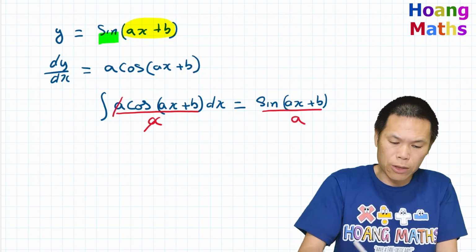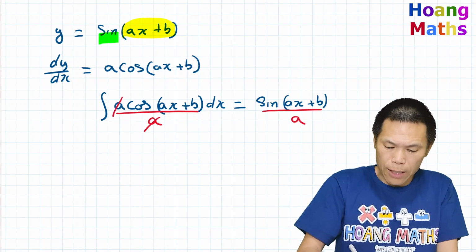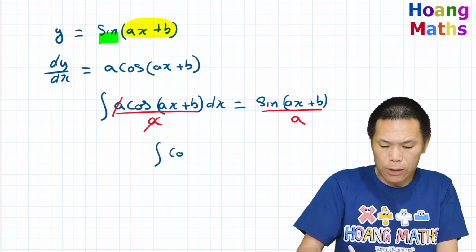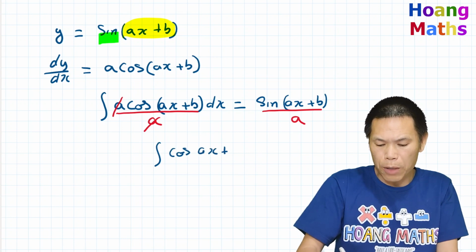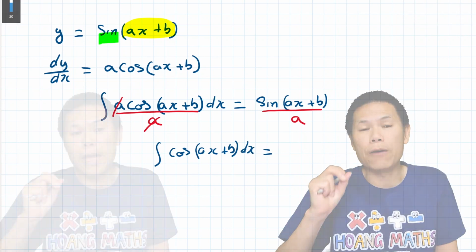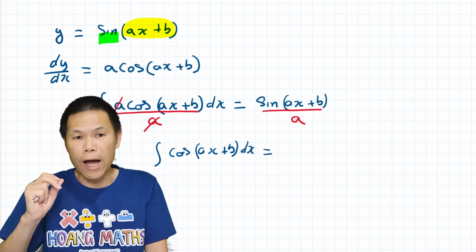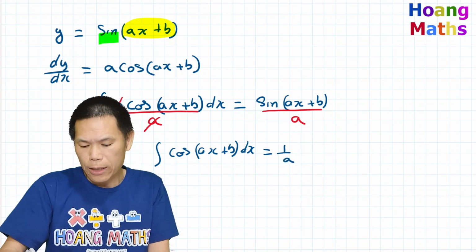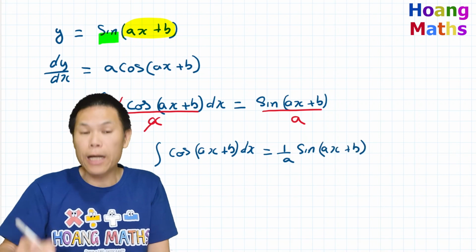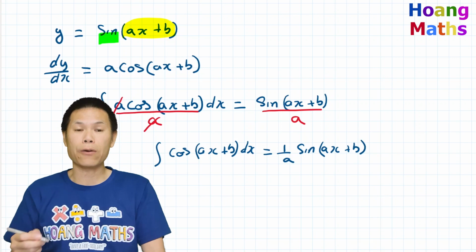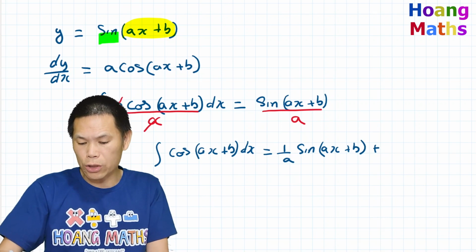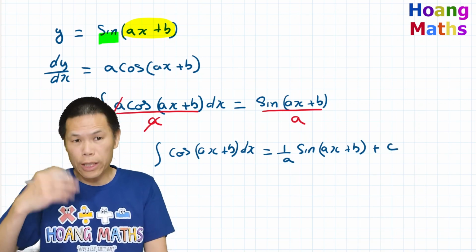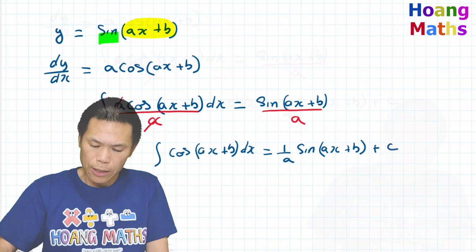So therefore, the integral of cos of ax plus b dx gives me sin of ax plus b over a. This is exactly the same as 1 over a times sin of ax plus b. Again, because of indefinite integration, we need to add a constant, that is c. So let's go through a couple of examples on this.